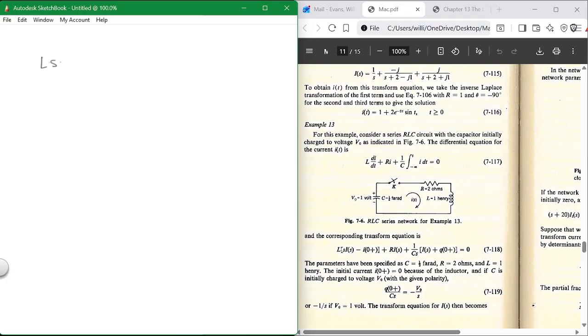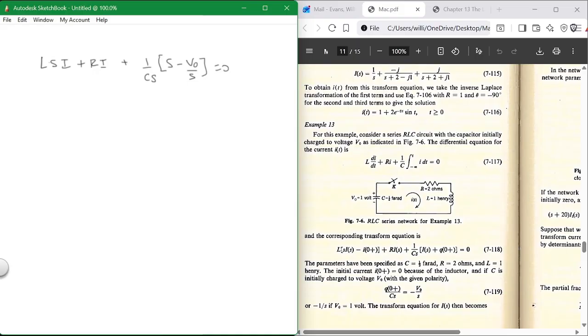L times S times I. That's the voltage through here, and there is no I0, plus R times I plus 1 over CS parenthesis I minus V0 over S equals 0.